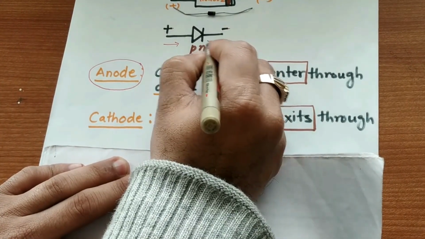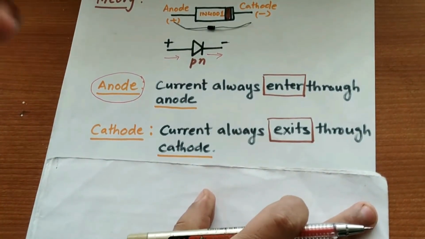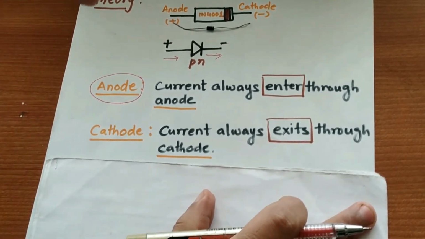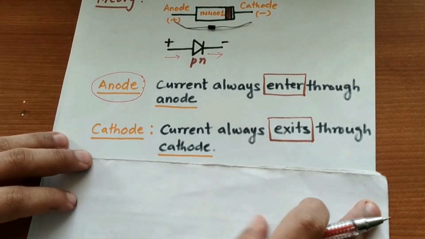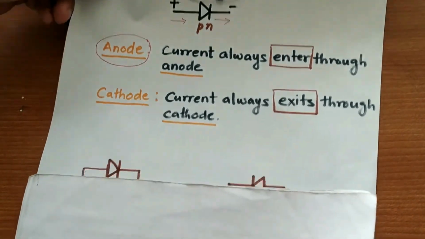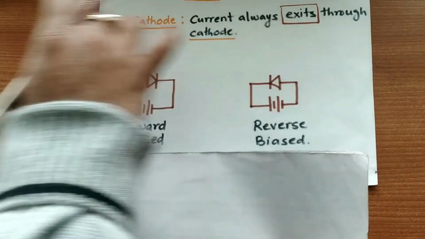So when we connect the diode in forward bias, the current will pass, and when we connect the diode in reverse bias, the current will not pass. The diode acts as an open circuit. This is the ideal condition we are talking about.